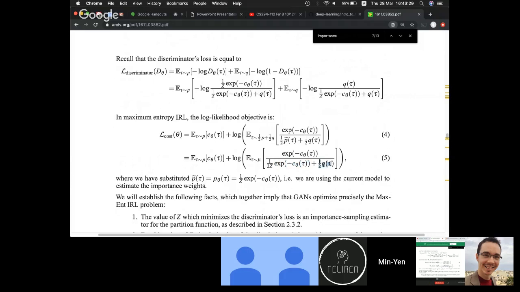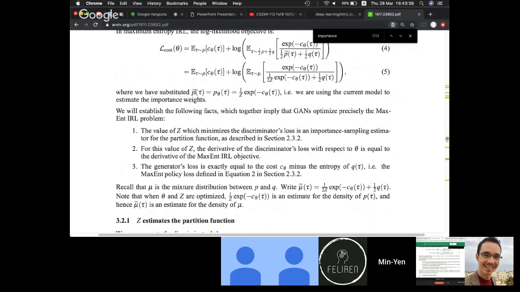Q is the generated version, where we have substituted the current best policy that generates a trajectory. We're using the current model to generate the importance weights.